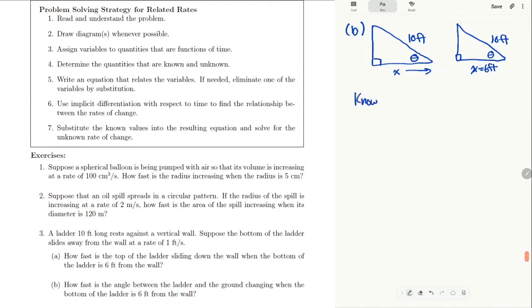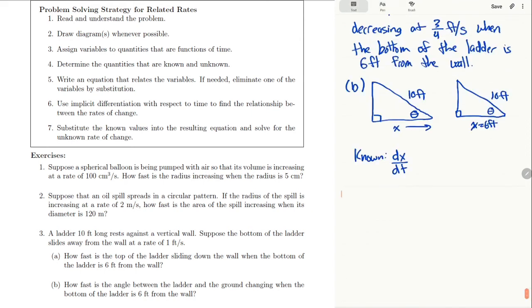So we're given that the ladder is moving away from the wall at 1 feet per second. And what we're looking for is how fast the angle is changing when x is 6 feet from the wall.